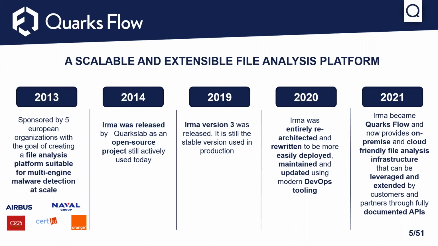In the process, we also did a rebranding of our company and our products. What we have now is a file analysis platform that can be deployed on-premise, but it's also cloud-friendly. It can be deployed and run on the cloud. It provides an infrastructure that can be leveraged and extended by partners and customers through the APIs that we designed.